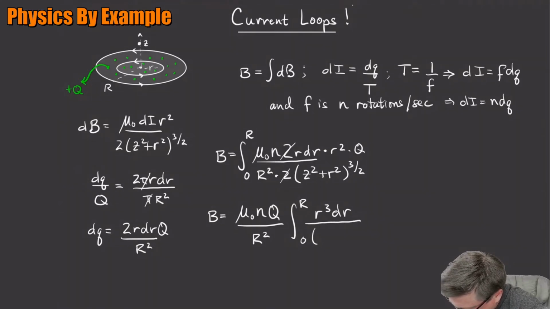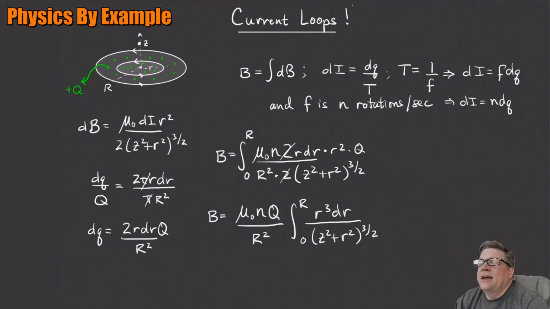We've kind of almost seen this before. This is going to be our z squared plus r squared to the 3 halves. Okay, I think I have all the factors in there. So that's the thing that we want to integrate. The trick is to try to figure out what this integral is. We've seen integrals like that before.